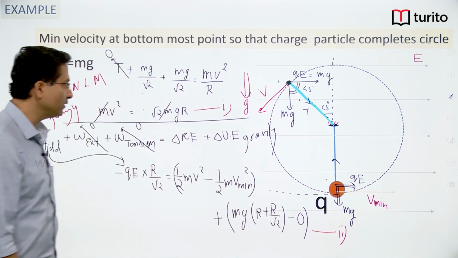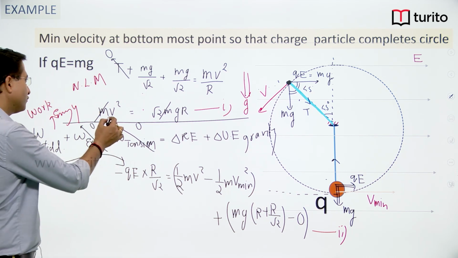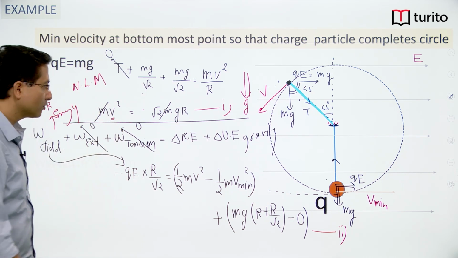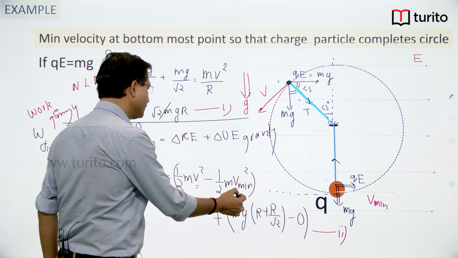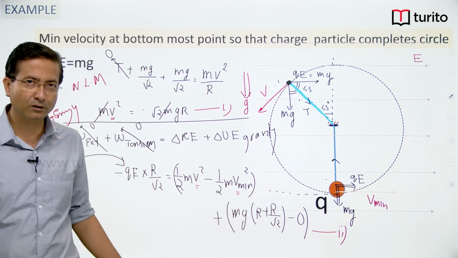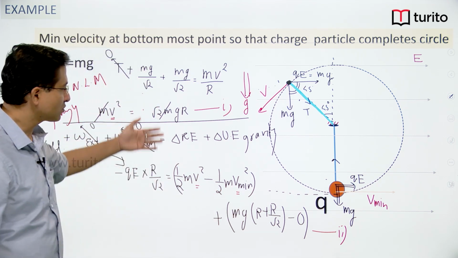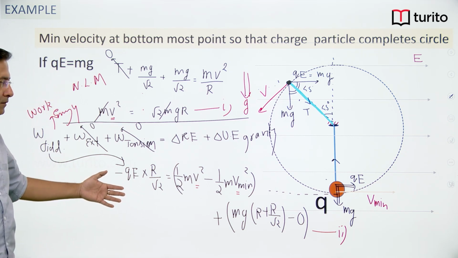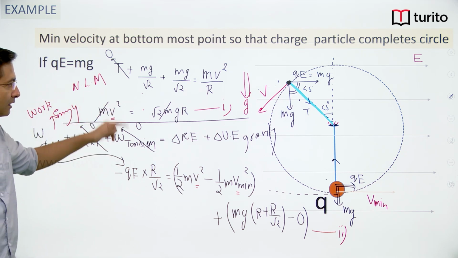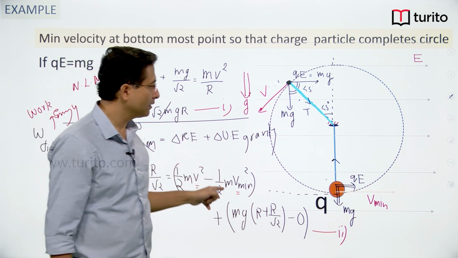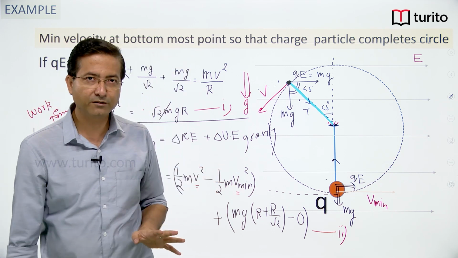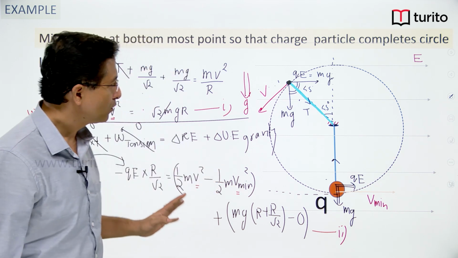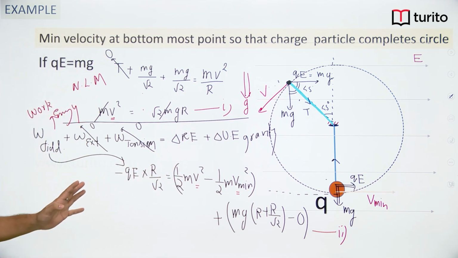And the unknowns we have, we do not know the value of v and we do not know the value of v min. So there are two equations, two unknowns, we can solve and we can find out the value of v min, right. So I hope the approach is clear.